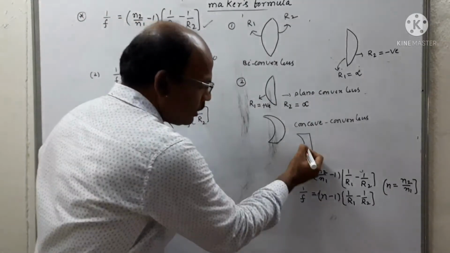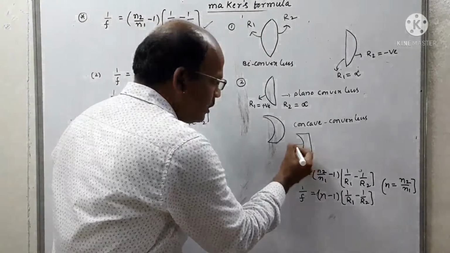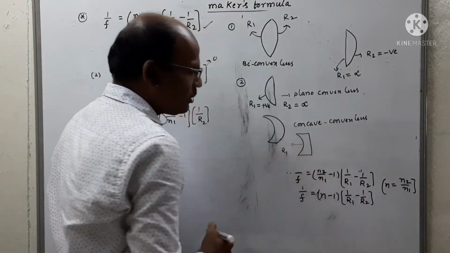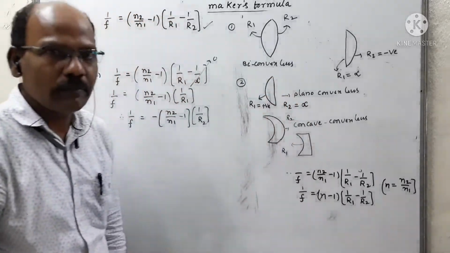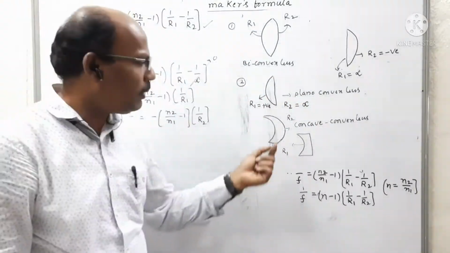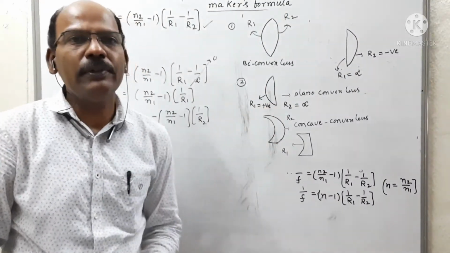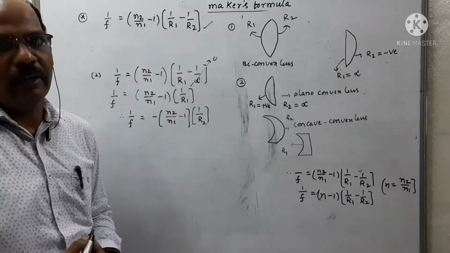The first surface of the concave is again minus and this is also minus, so minus R1 and minus R2. So depending upon the shape of the given lens, we can change the formula.